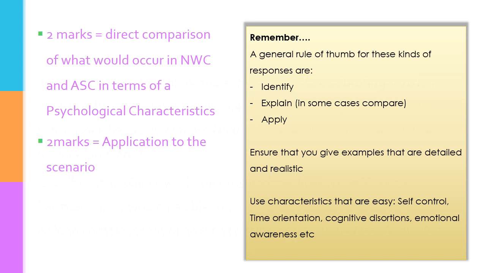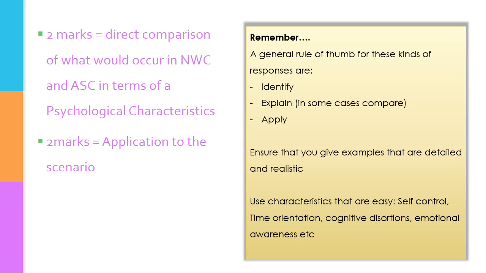So you get 2 marks for identifying the scenario, and then identifying a characteristic, and then you get another 2 marks for talking about the comparison between the NWC and ASC as well as application, okay? So just remember that this mark scheme's a little bit out, but just make sure that you're doing those 3 things: identify, explain or compare, and apply.